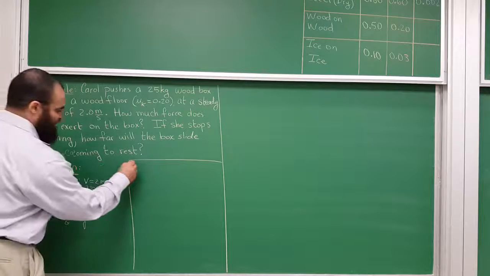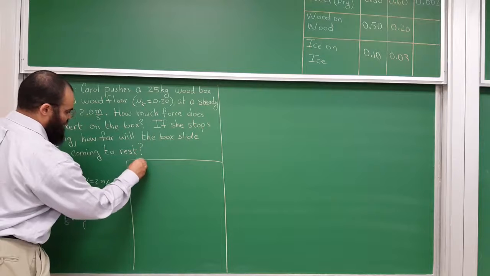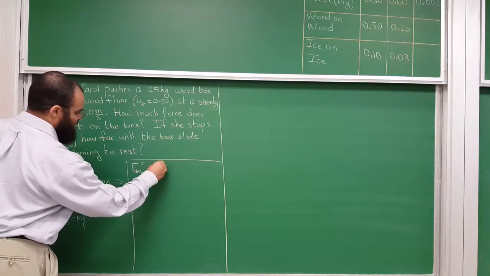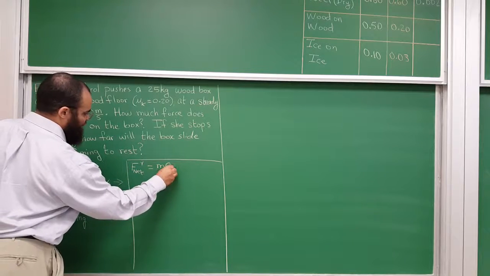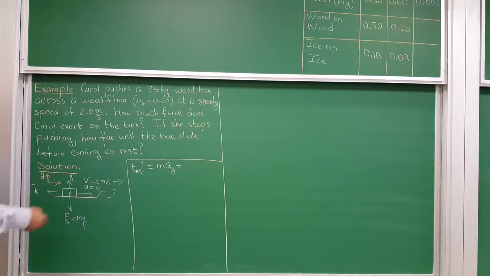So first, the net force in the y direction will equal the mass times the acceleration in the y direction, but the box is only moving along the x direction. So there is no acceleration in the y direction. The box doesn't go up nor sink into the floor. So that's a zero.